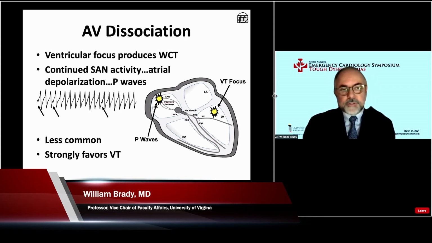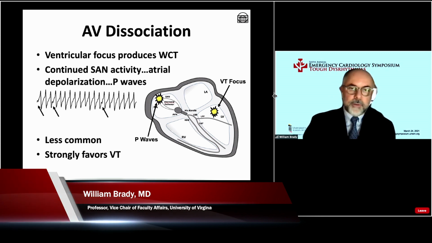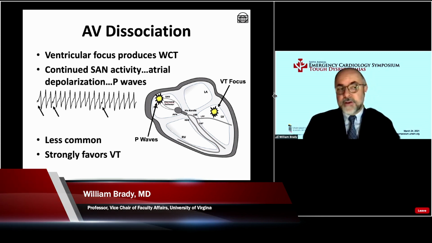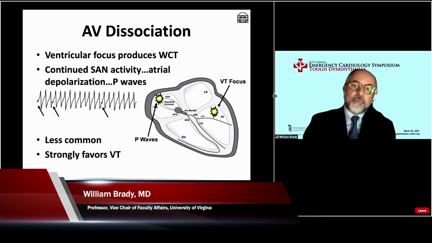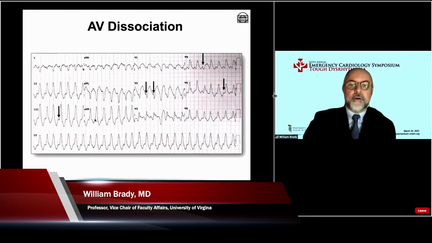I politely and respectfully disagree with the literature and feel that this actually does occur more often than is suggested by the various publications. Certainly not every day, not every case, but if you know to look for it and you have the patience to look for it, you will see it more often than not. And when you see it, your wide complex tachycardia is very likely ventricular tachycardia.